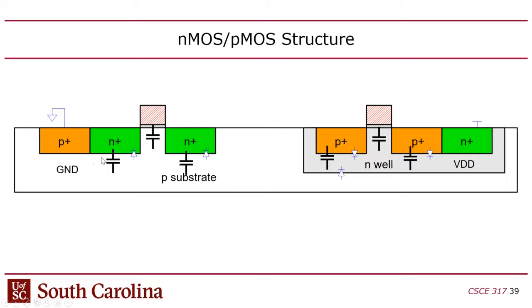But the capacitor that's also formed between the diffusion areas, the source and drain, to the substrate is called a parasitic capacitor, because it's a parasite. We don't want that capacitor. It hurts us, slows things down. But there's no way to avoid it, because a reverse biased diode is a really good capacitor. It doesn't send current, but it acts as a capacitor.